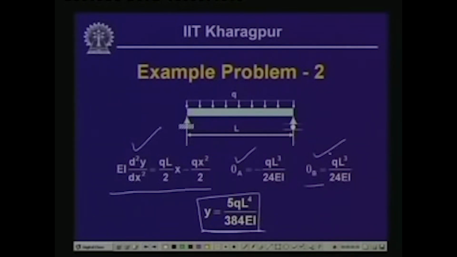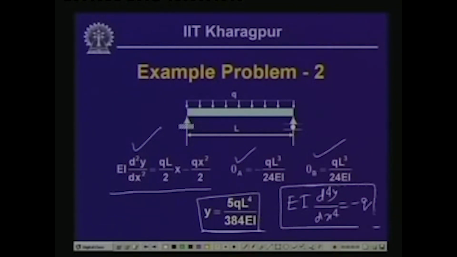Now, you had also seen that the derived governing equation is EI d4y dx4 equals minus q, the loading.